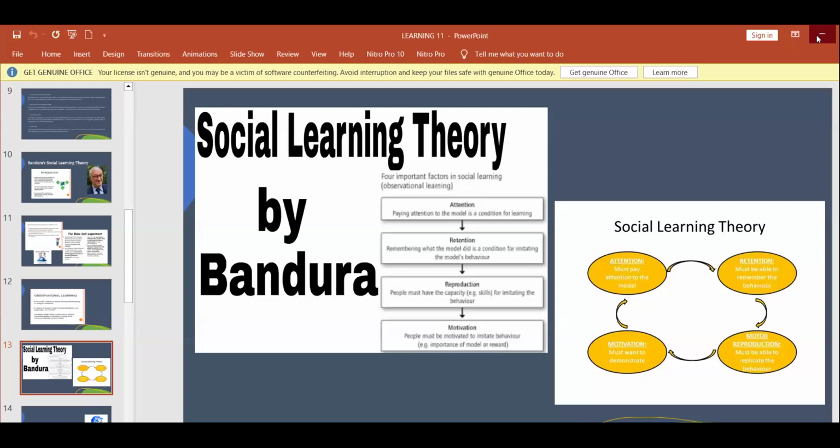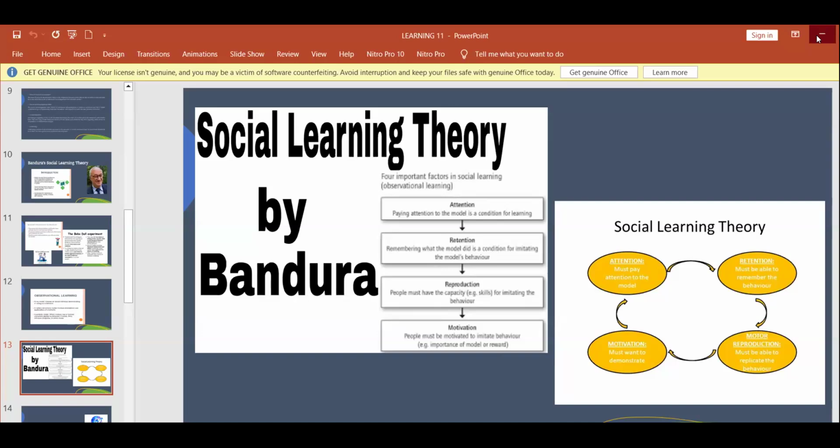Vygotsky's socio-cultural learning theory and Bandura's social learning theory. Those are the 4 learning theories we discussed, right? Yes or no? Yes, ma'am. Okay. Right then.